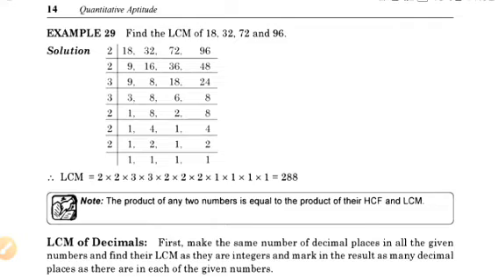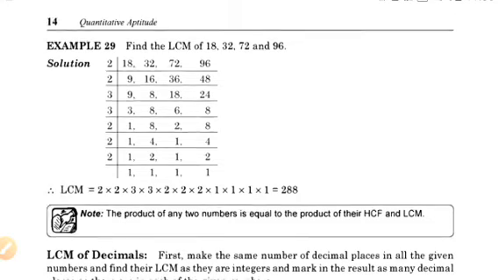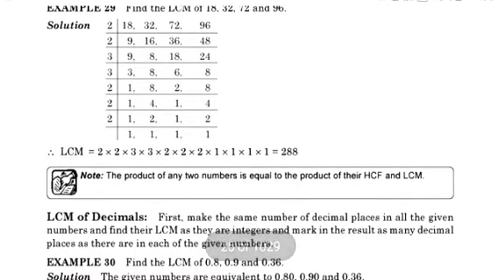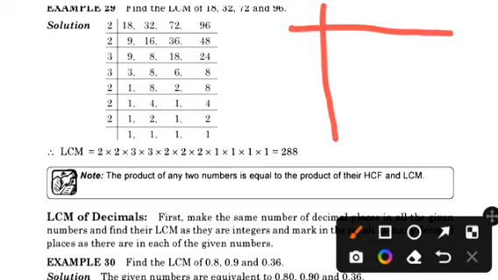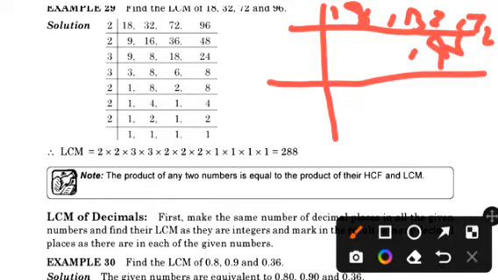Similarly, in example number 29, we are given the numbers 18, 32, 72 and 96. First I write all these numbers: 18, 32, 72 and 96. All these numbers can be divided by 2.